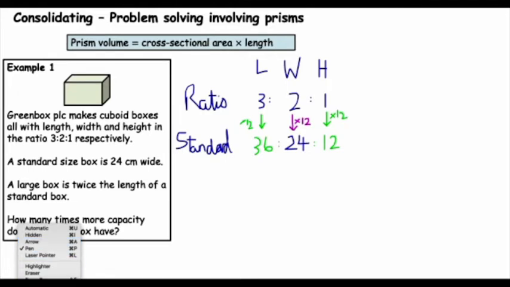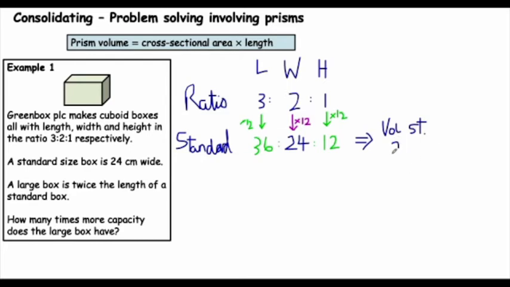Next up, I'm just going to switch back to blue. From this information, we can work out the volume of the standard box. Writing's hard, so I'm just going to write a dot there. Standard box.